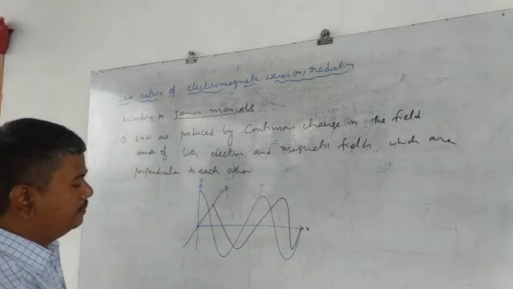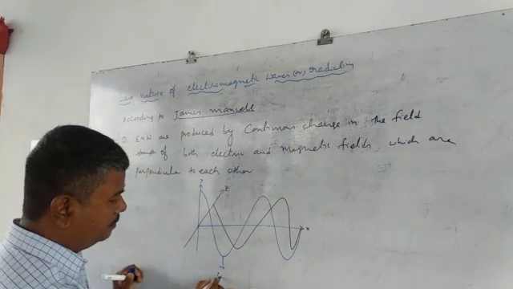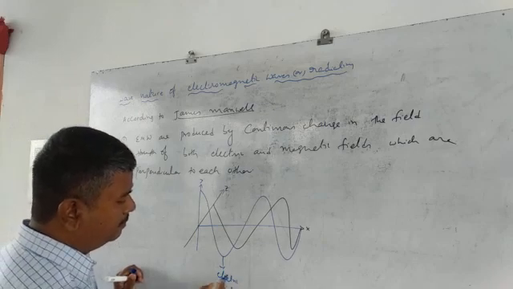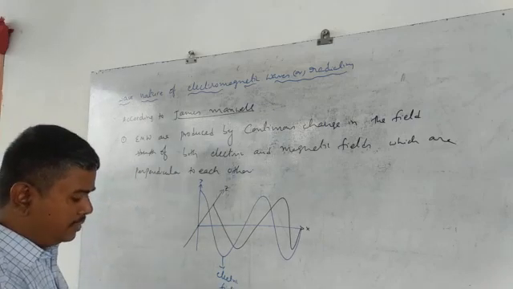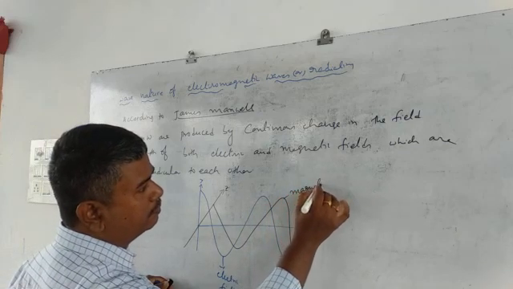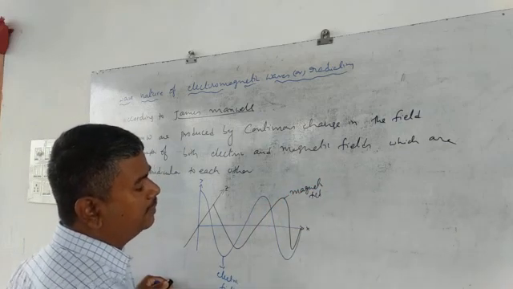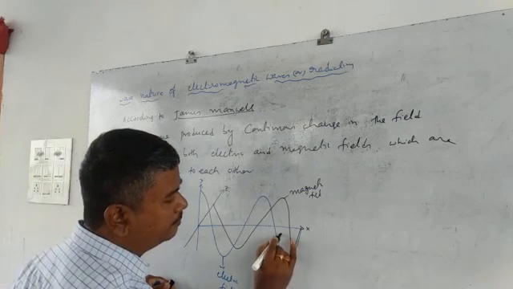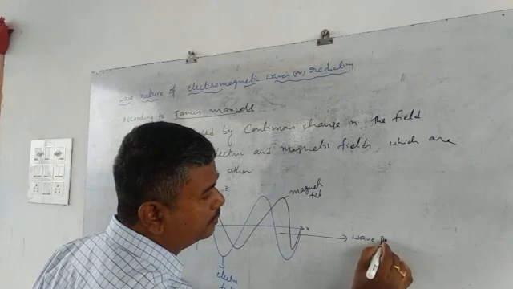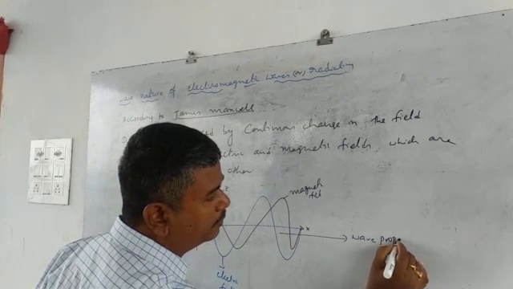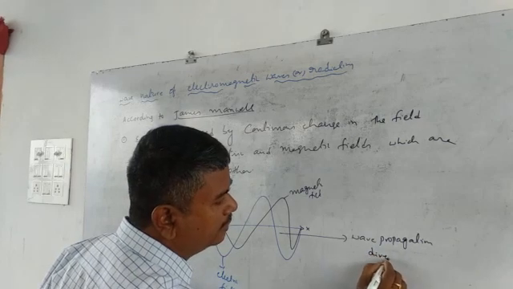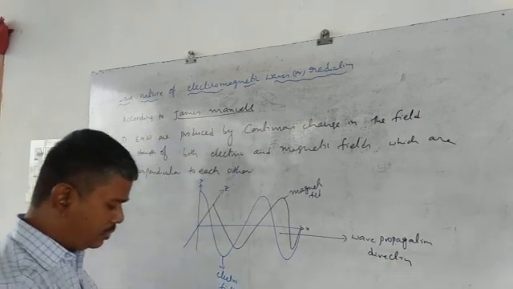Here it is the electric field, this one is the magnetic field, and this is the wave propagation direction. So once observe the diagram.